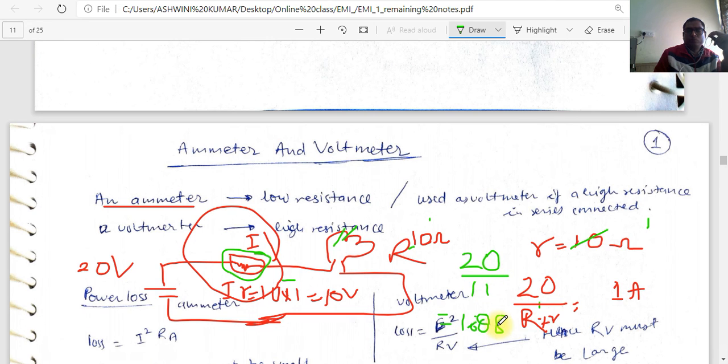The current will be approximately 2 ampere, or 1.88 ampere.